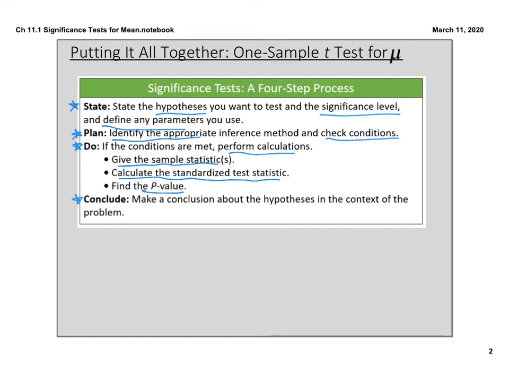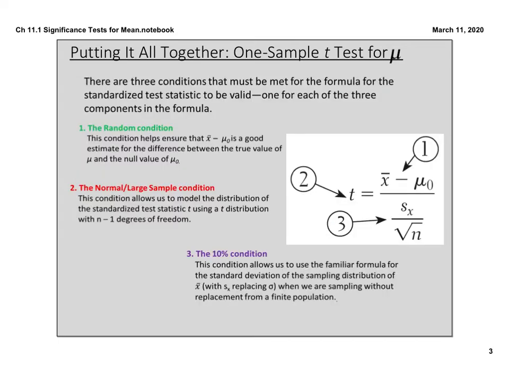Then in the conclude section, you make a conclusion about the hypotheses and put it in context of the problem. There are a lot of components to all of these questions. That's why they take quite a while and quite a bit of space. So we're going to do one together today.